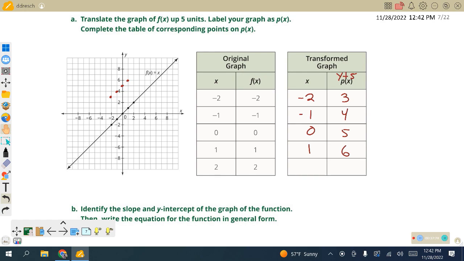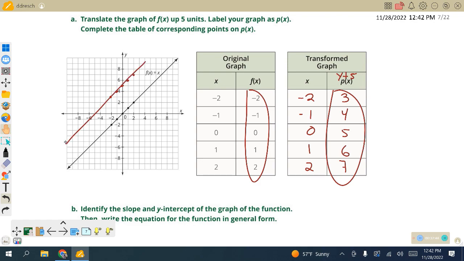And 2, 2 puts me at 2, 7. You should be seeing it right here in that y column, where the original graph all got bumped up by 5 units. Take your ruler if you didn't do so yet, and make that continuous line.